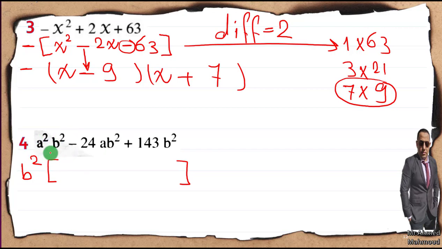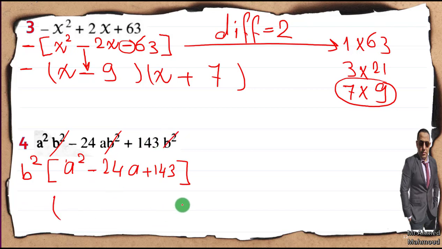Okay, b^2 over b^2 cancelled. So I'm going to write a^2 only. Negative 24a drops down, b^2 over b^2 cancelled, plus 143, b^2 over b^2 cancelled.